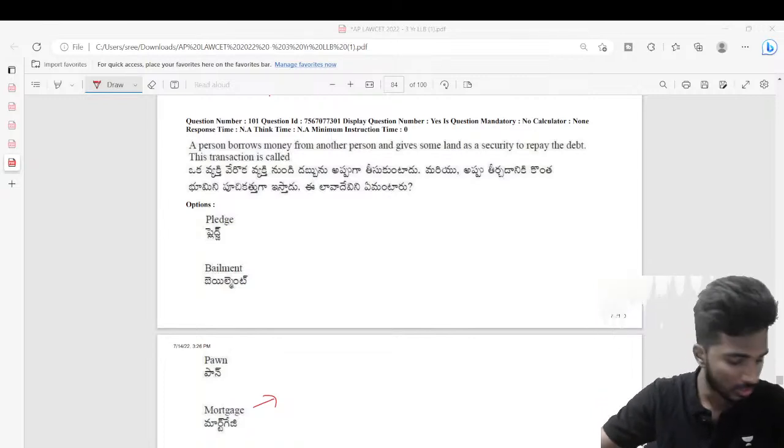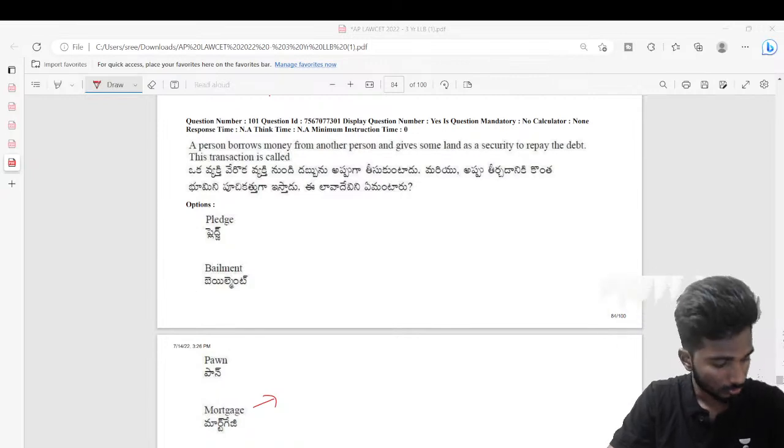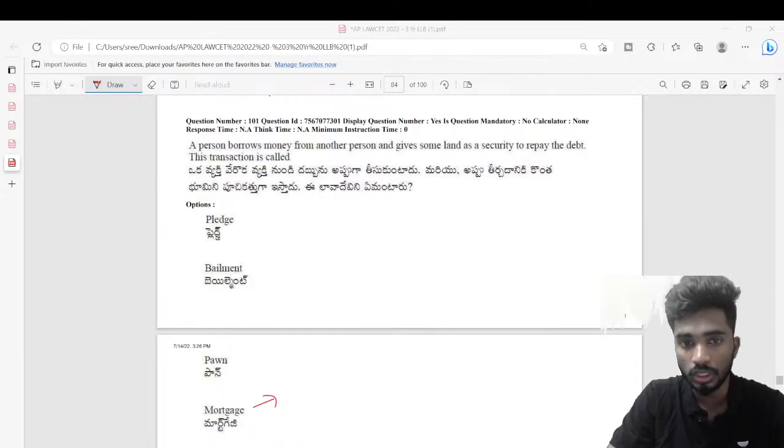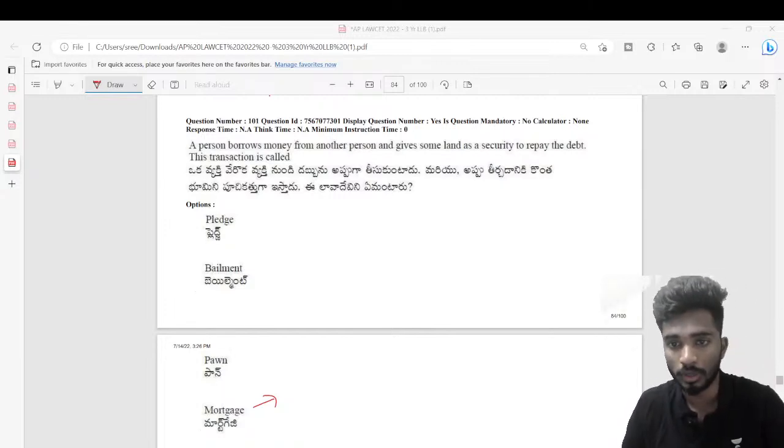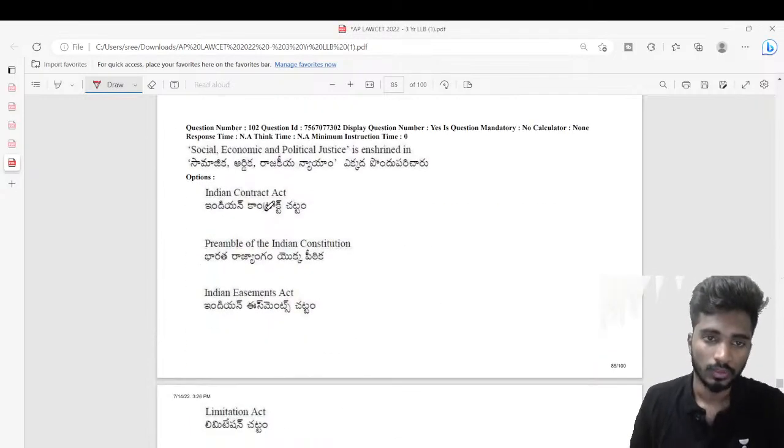Then what is the answer? The answer is pledge. So pledge is the bailment of goods for the repayment of debt. So goods, and here it is immovable property, movable property. దేనైతే మనం కదల్చగలుగుతామో, that is this one.